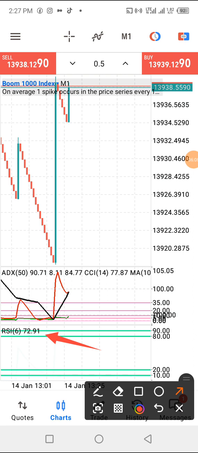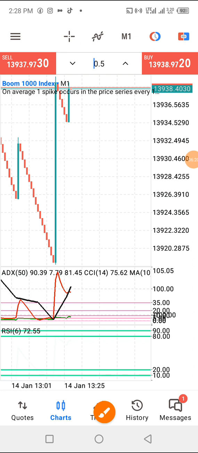Once it gets to 2.0 or 1.0, then you can open, because when you open at that moment and the spike comes up, the spike will go very long. So it should be around 2 point something or 1 point something. Then if you hold it until you get to 0.00, close that trade.